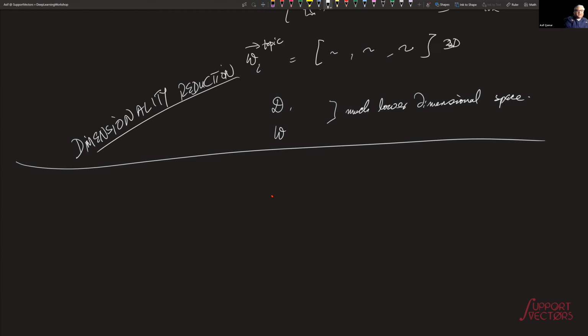You're representing words, sentences and documents with much lower dimensional vectors. These hidden vectors, these latent variables, are the topics. How do we do that?